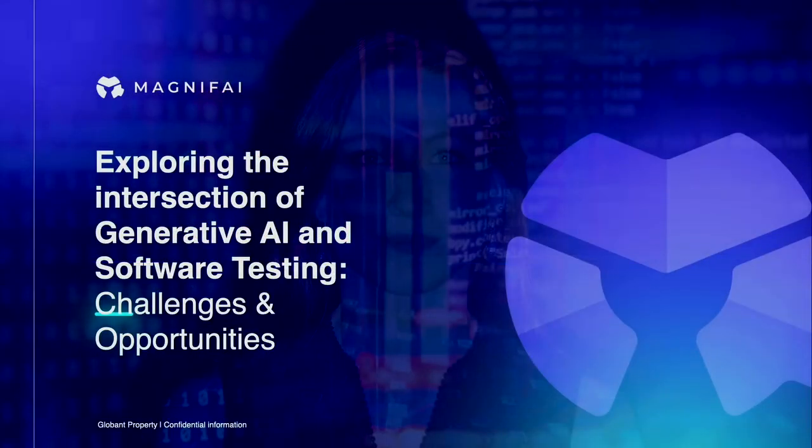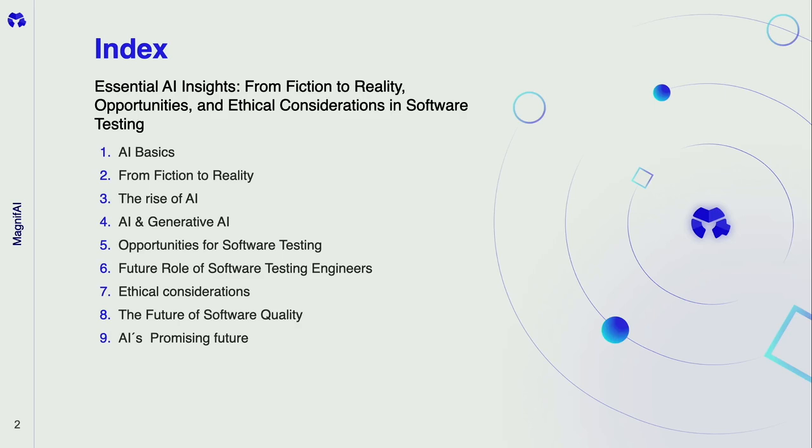So today, the idea of this talk is to explore what AI, generative AI, means for software testing. First of all, we will be defining some concepts so we all talk in the same language. I will be repeating some words during my presentation, and it is important for you to understand what I am referring to.